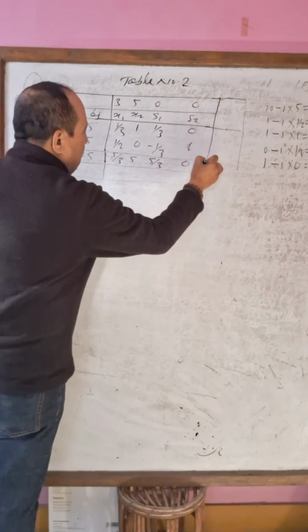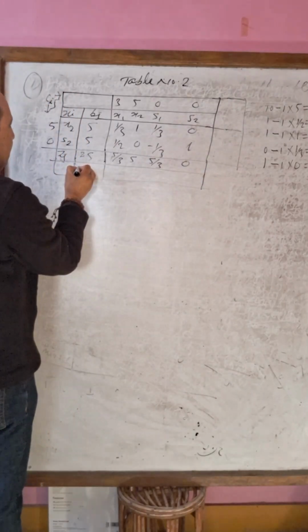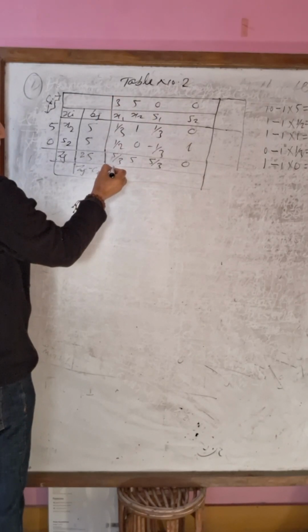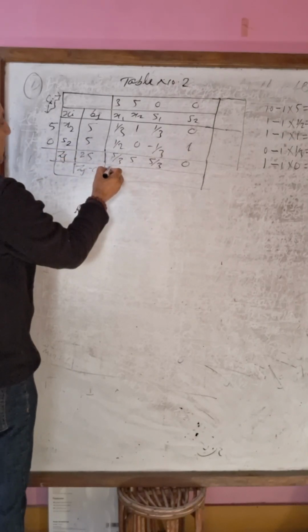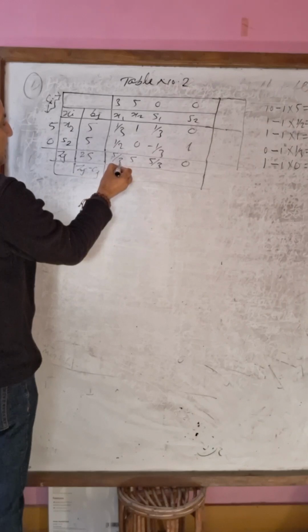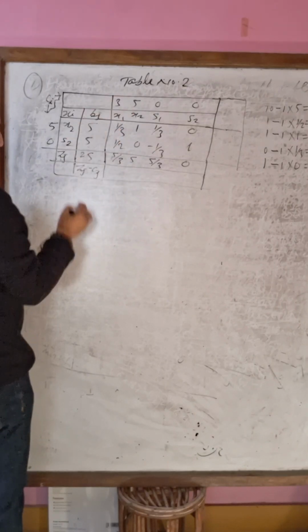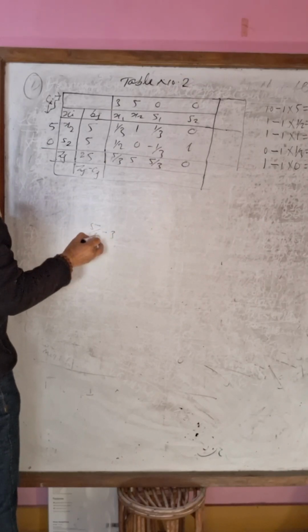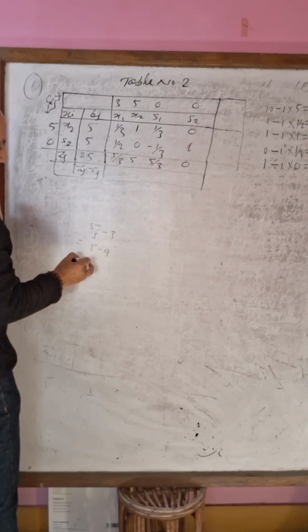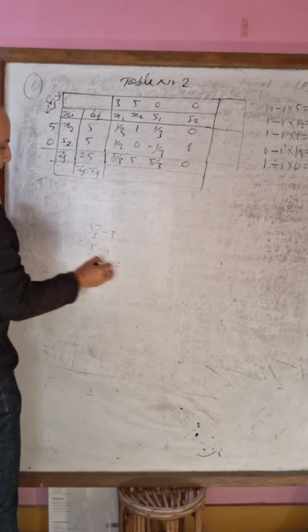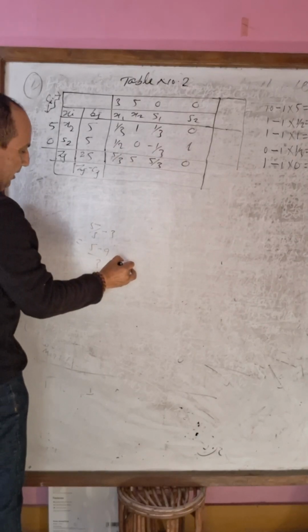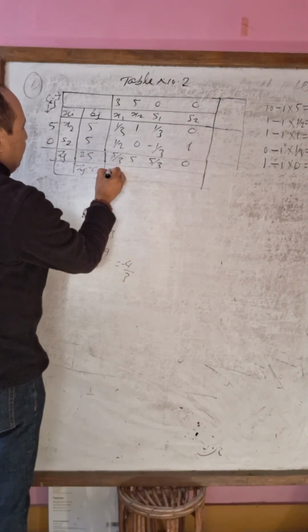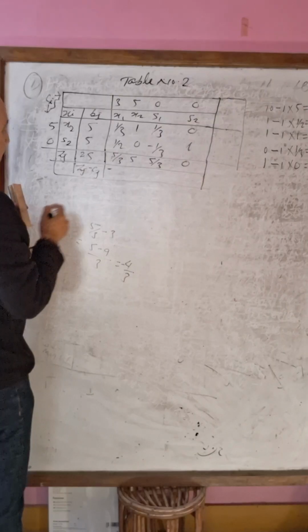Next row we form, that is ZJ minus CJ. Here, what do you get? Here it is 5 by 3 minus 3, that is 5 minus 9 divided by 3, and you will get minus 4 by 3.